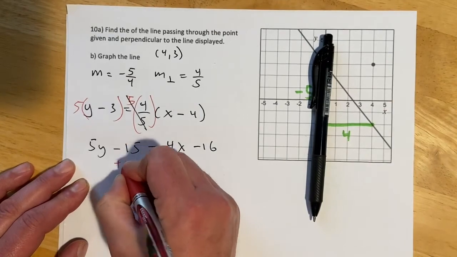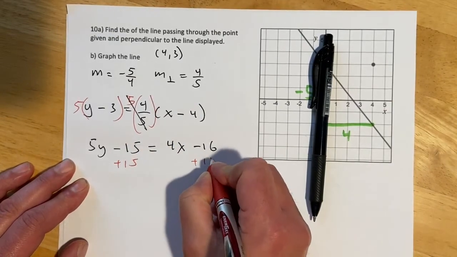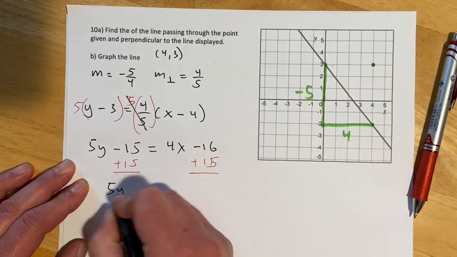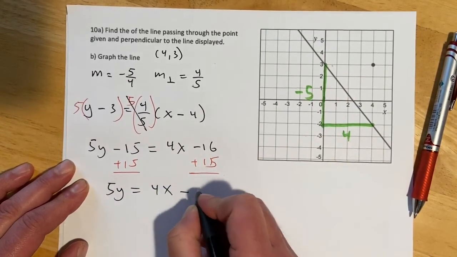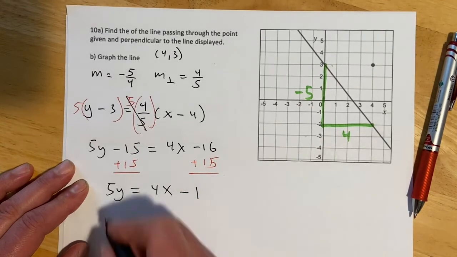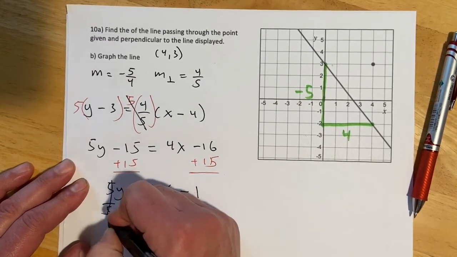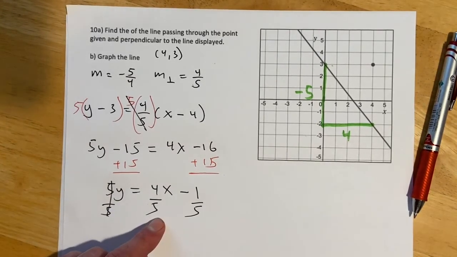And let's add the 15 over. 5y equals 4x minus 1, and then just divide the 5 everywhere, we got it. And so there is our equation of our line.